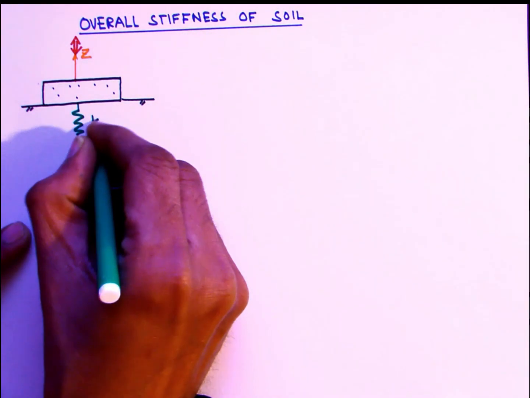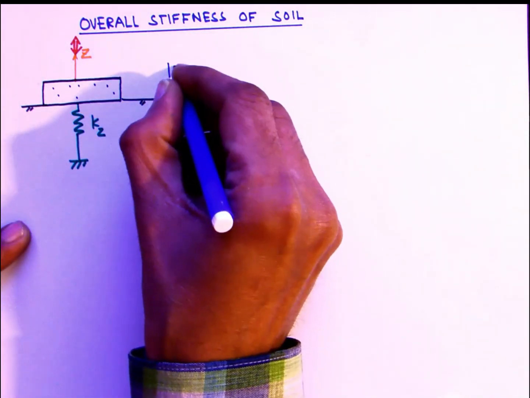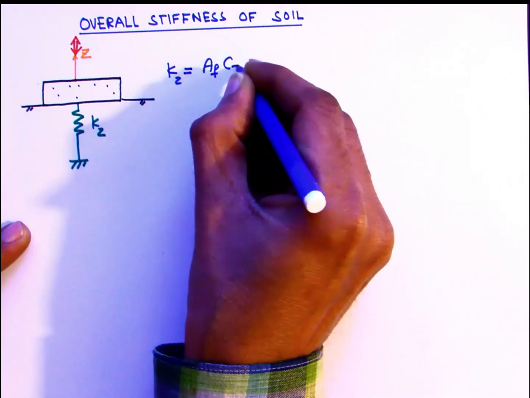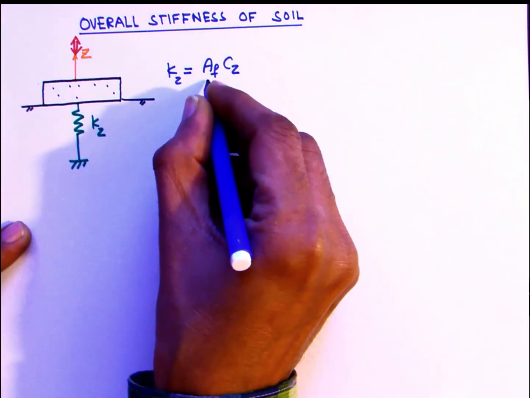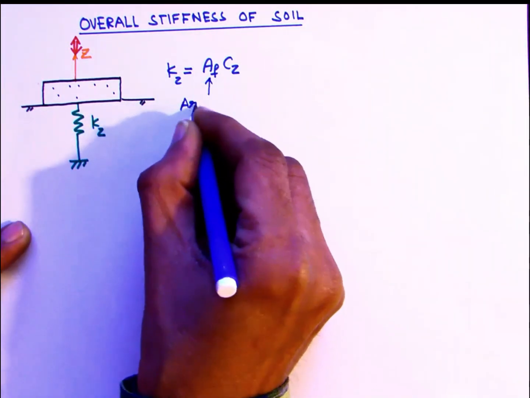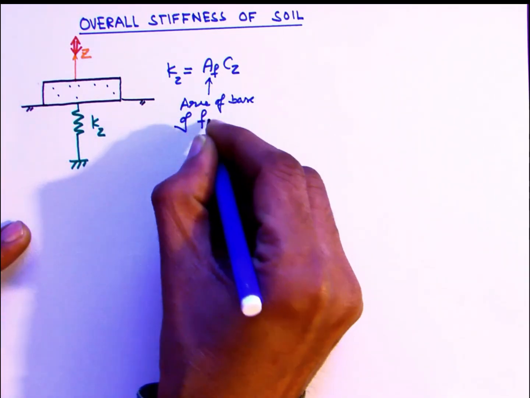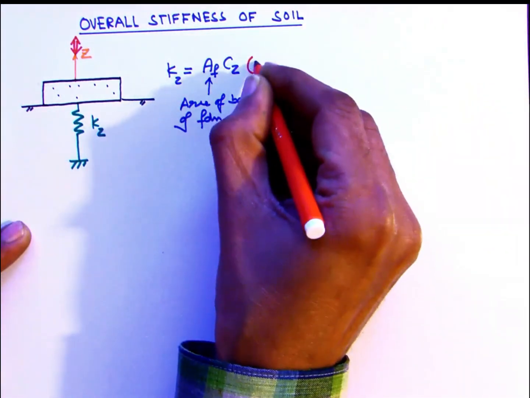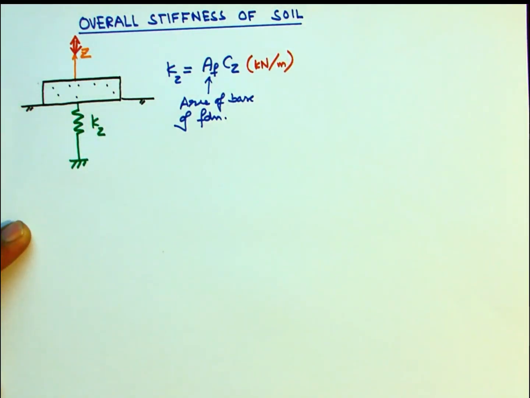Now this spring constant is represented by the symbol Kz, and it can be expressed in terms of Cz as the product of the area of the foundation and the coefficient of elastic uniform compression Cz. Since the unit of Cz is kilonewton per cubic meter and the area unit is meter square, this makes the unit of Kz kilonewton per meter.